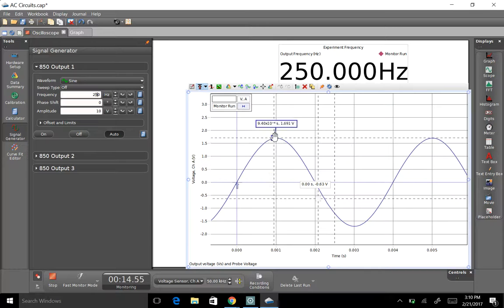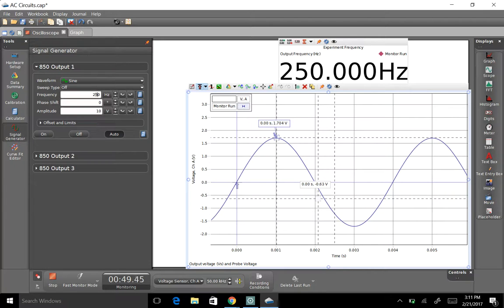So I need somebody to actually record this data for us because you all need to record it because it's your data. So you should have a table that has frequency and voltage across the resistor. And at 250 hertz, we have 1.70 volts, plus or minus 0.01, again same reasons as before.